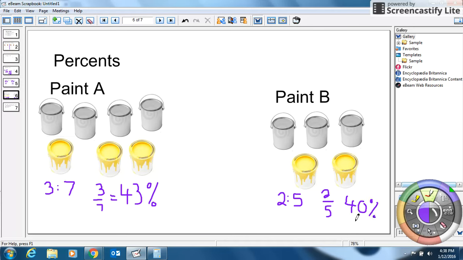So if you had a paint where 43% of it was yellow, and over here only 40% was yellow, which one would be darker? Well, the higher percentage would be darker, and the lower percentage, 40%, would be lighter. So paint B is lighter, paint A darker.